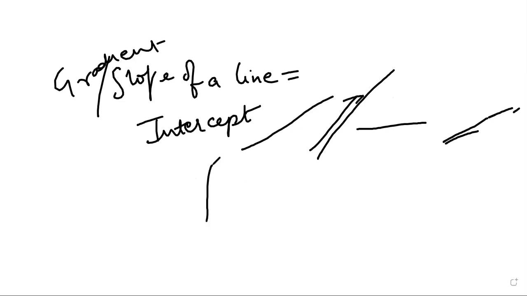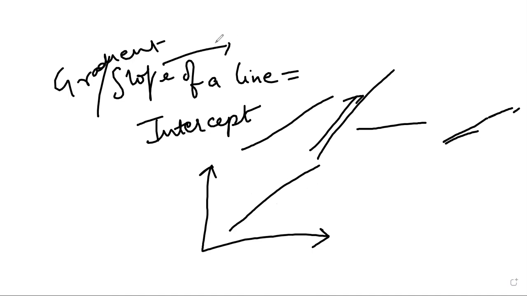And if we draw this line on our x-axis and y-axis in a graph, and we know the slope of this line. Slope is very important because this concept of slope will lead us to differentiation.